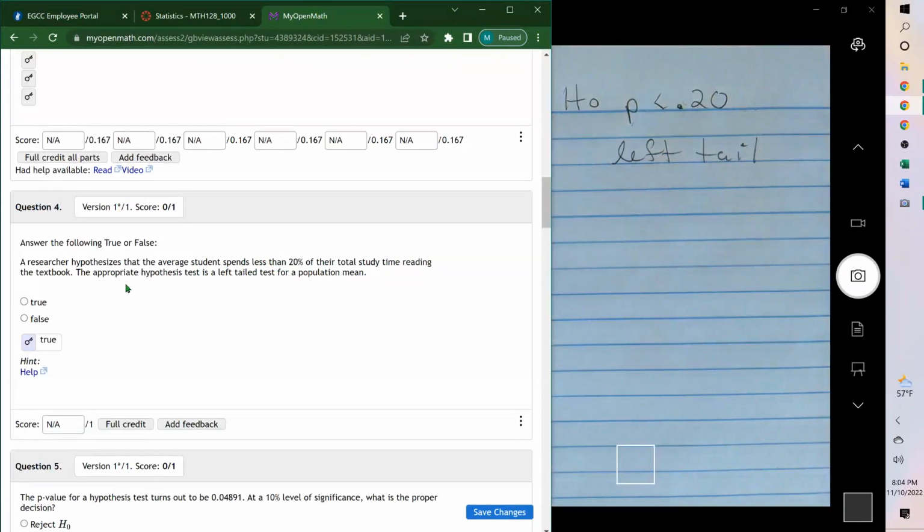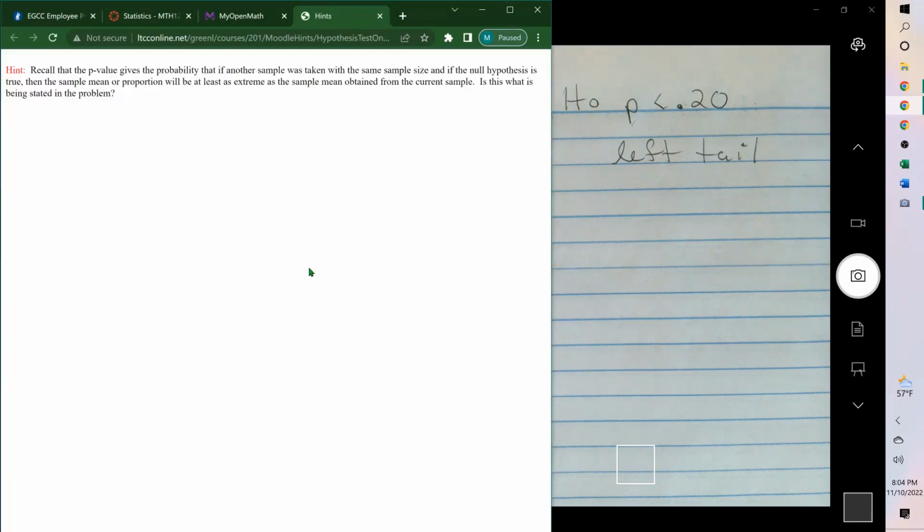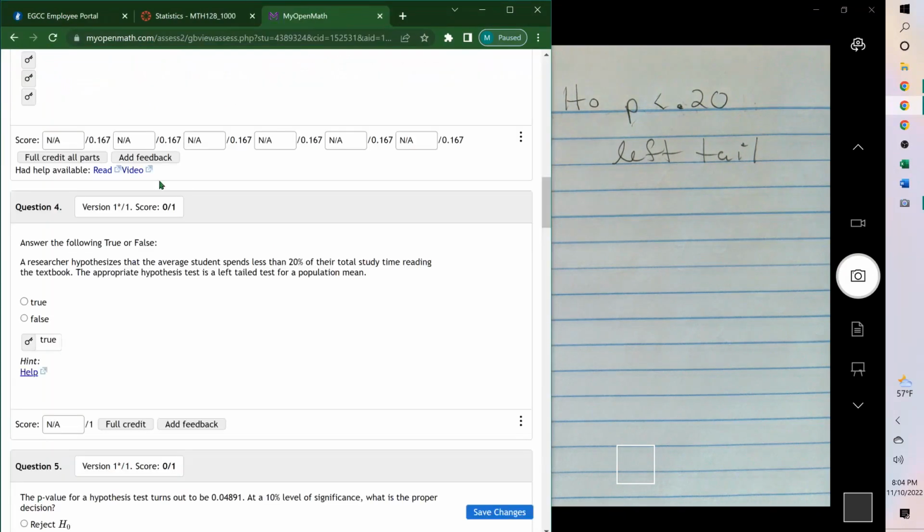The average student spends less than 20% of their total studying time. Oh, because it said population mean.